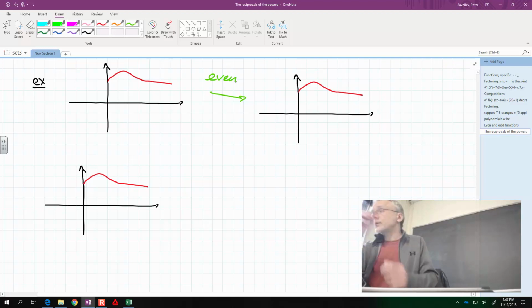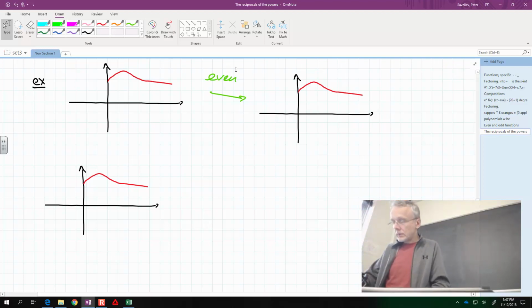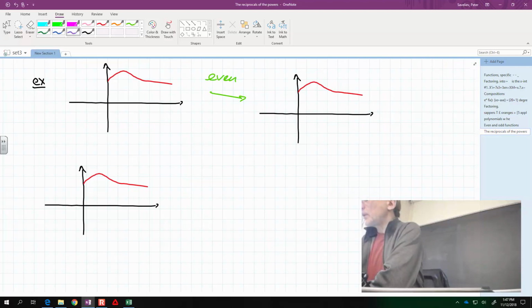Let me do it by hand. So I'm flipping it, and then I'm trying to reproduce the same behavior. Close enough, I think.